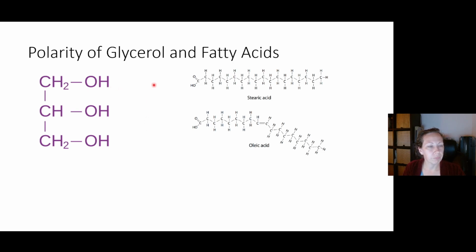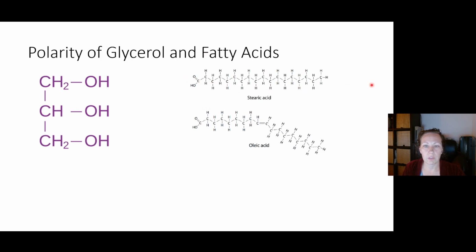Okay, so a key thing here is that glycerol is polar, right? It has hydroxyl groups. We've already identified hydroxyl groups as polar. Fatty acids are polar overall, but really only the end where this carboxyl group is the polar part.